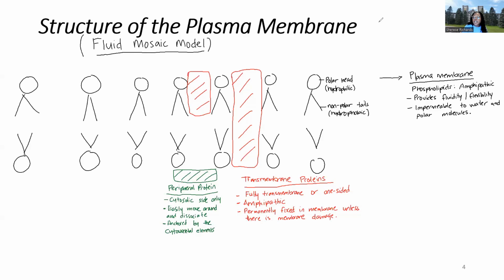Okay, so as a result, now we need to label our sides here, right? So we know that the cytosol would be on this side. Okay, and then the extracellular fluid would be on this side.